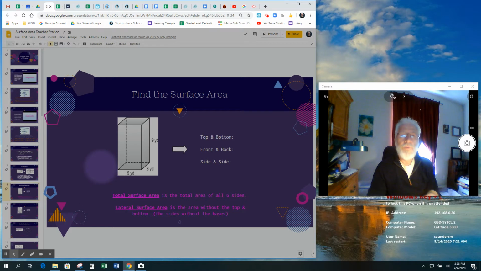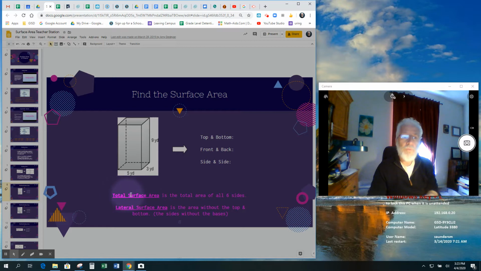So we like to do this in a very structured way. We'll set up a little table for ourselves for top and bottom, because those are going to be the same. Front and back, those are going to be the same, and side and side. So this is our 6 sides. And so the total surface area is the sum of all 6 of those sides.